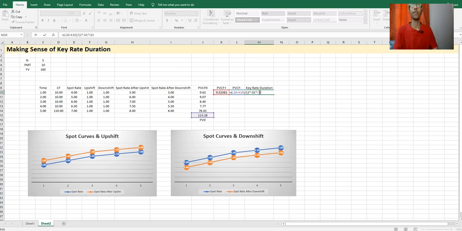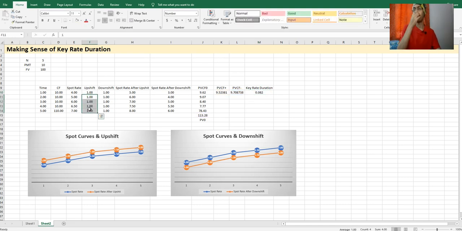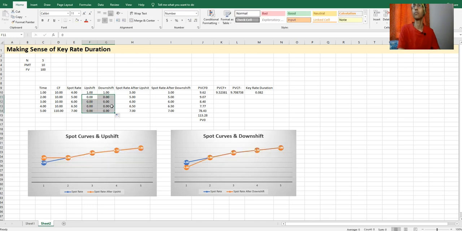Now we'll lock this PV0 because this is going to be the same value for each of the key rates. Okay. Now what we do is, previously we shifted all the rates parallelly. Now we shift back all these values. Right, we have shifted it back. Now these individual cash flows, when the other rates have not changed, what will they be?